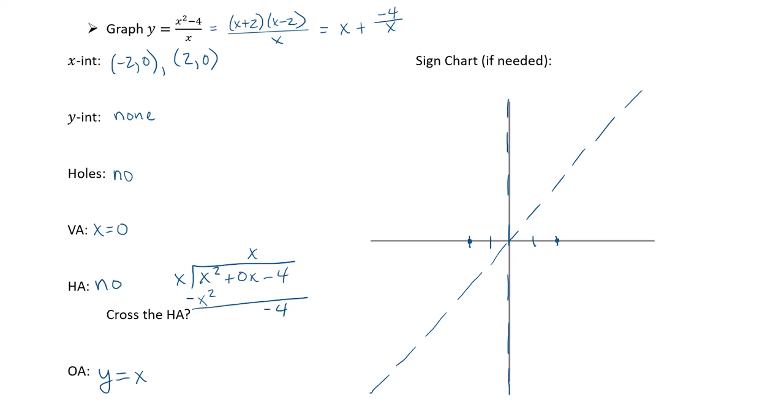Now, let's go ahead and do a sign chart just so that we can be consistent with how we've done the others, and so we can see how it works when we have an oblique asymptote as well.